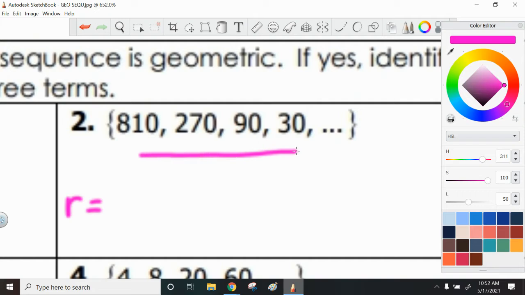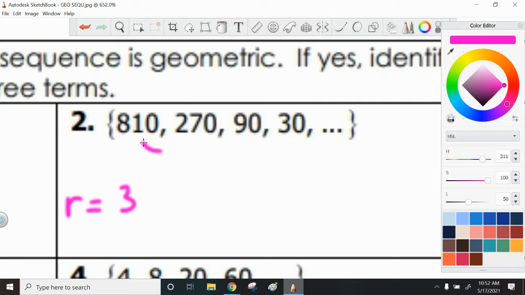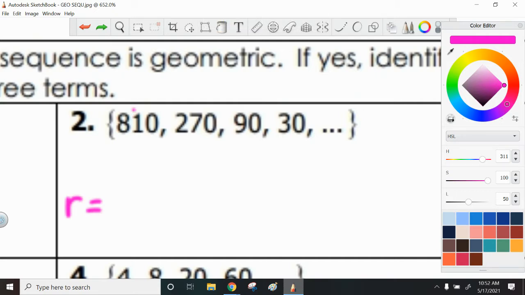So you picked 3 because going this way, times 3, times 3, times 3. All these numbers are screaming 3s at us. But it can't be 3 because if our ratio is 3, we should be doing times 3, times 3, and we're going down instead of going up. So, anybody, it is something with a 3. Anybody got a guess how it would look?